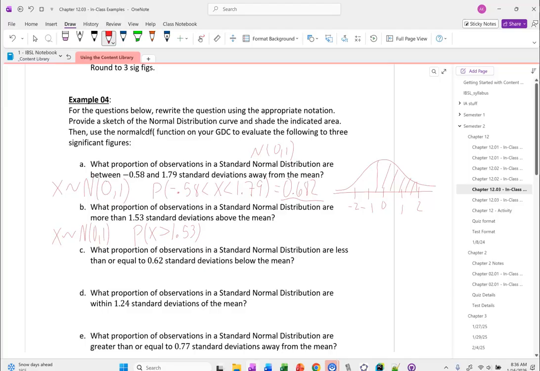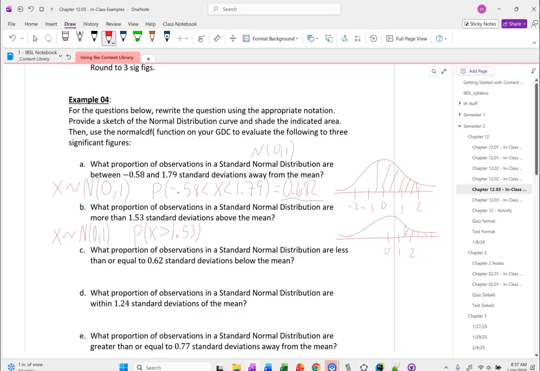If this was a binomial distribution, it darn well matters whether it's greater than or equal to. More than means greater than. Okay. Now, if I want to sketch my picture, we're talking about like that, right?